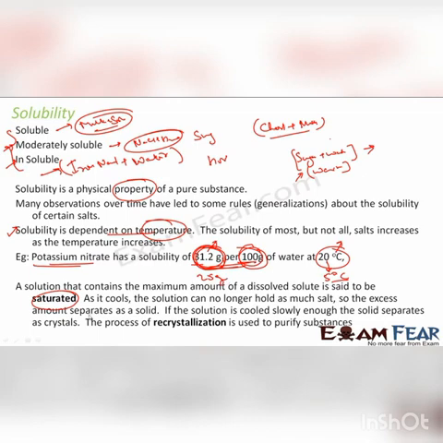Now the extra 6.2 grams will come out, and that will be a solid. This process is called recrystallization, or precipitation also, you can say.